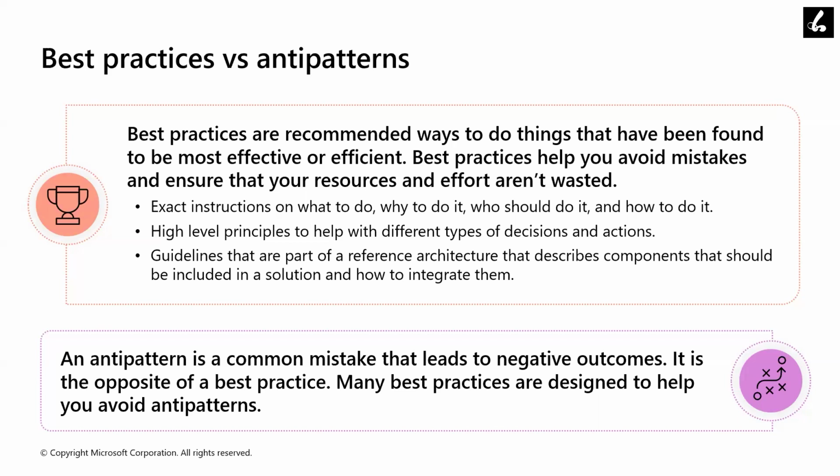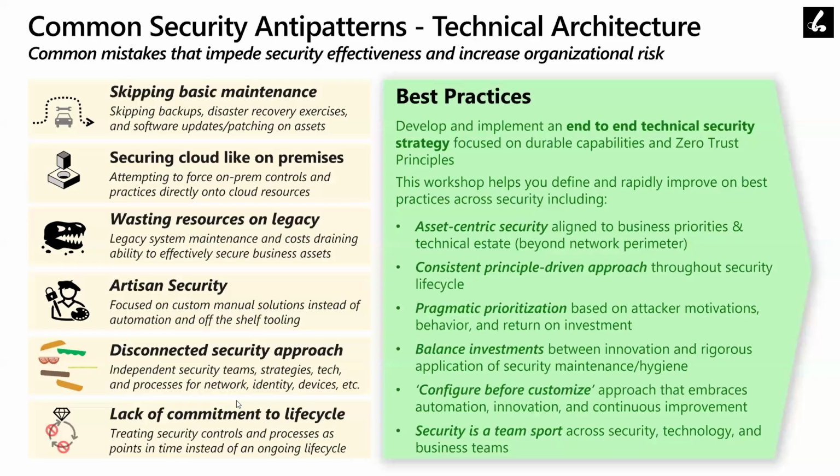If we don't have any physical protection, that is an anti-pattern. So how do we prevent it, and what's the best practice? Having secure measures like biometric access to our data center and our office is a best practice.